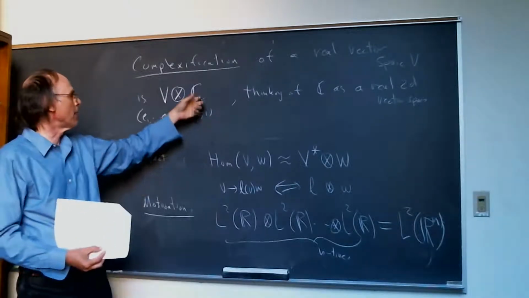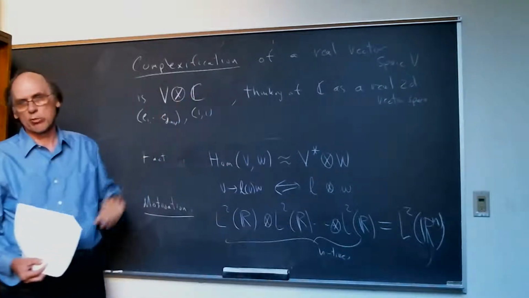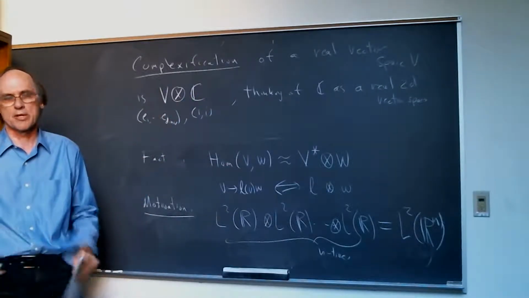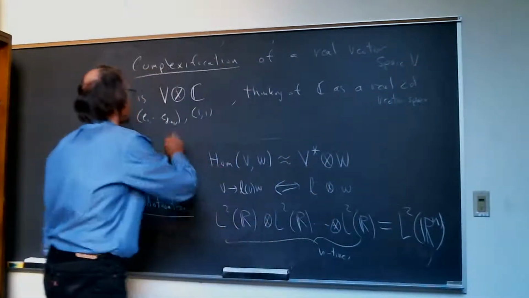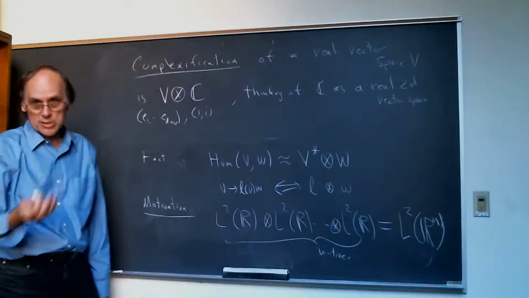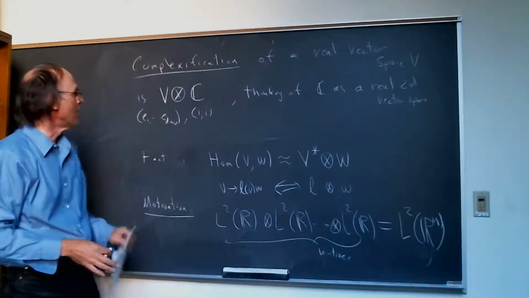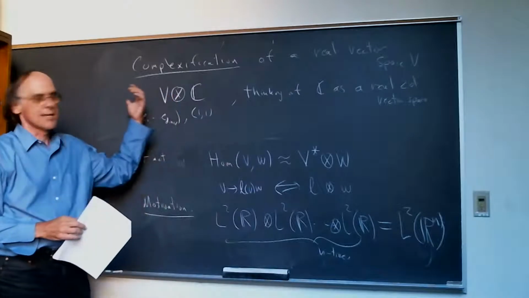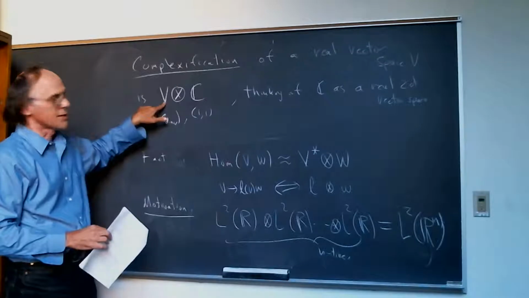But the fact that it has a C here means you also have a way of multiplying by complex numbers. So you've turned a real vector space into something twice as big, which is a complex vector space. And this kind of abstract way of thinking about it makes sense when you may be given this in a confusing form.